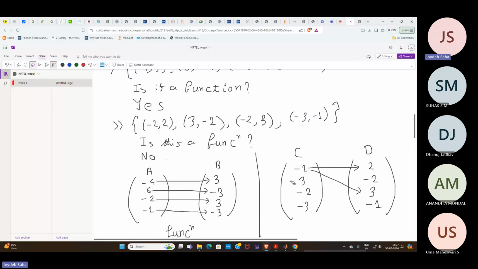If we write only one -2, then it will be more clear for you. -3 is mapped with -1.